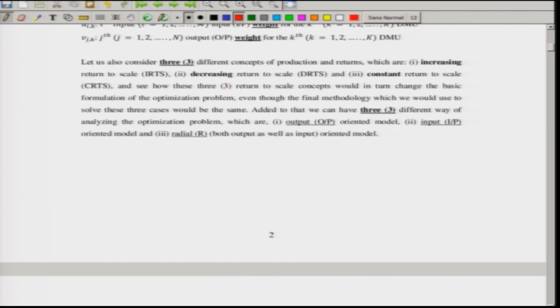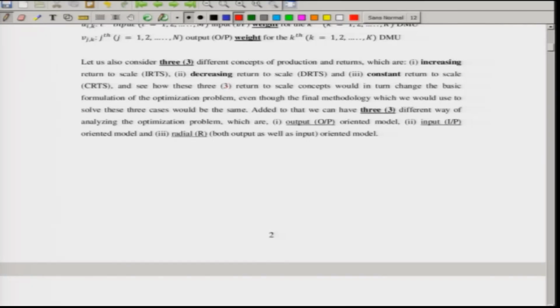We will see how these three returns-to-scale concepts change the basic formulation of the optimization problem, even though the final methodology based on which we will solve the problem, the simple optimization problem concept, remains the same for all three cases.